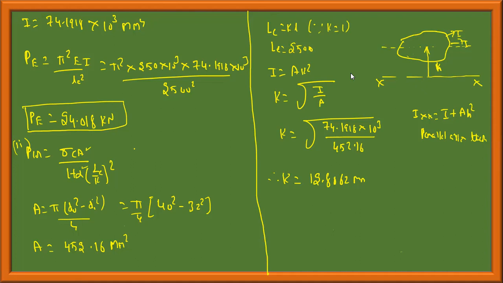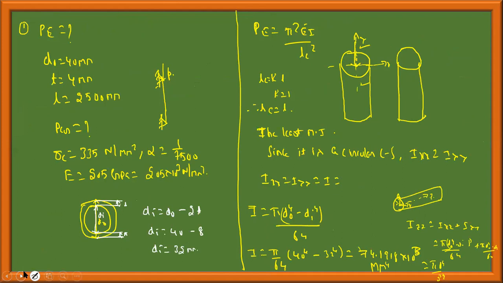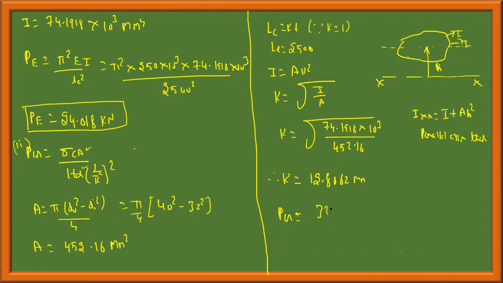We got K. And then we can go ahead. I can find the critical load PCR, the Rankine crippling load PCR, which is equal to sigma C. Sigma C was 335, so 335 into 10 power 6 times the area of cross section 452.16, divided by 1 plus alpha, which is 1 by 7500, into length LE 2500 by K 12.806, the whole square.